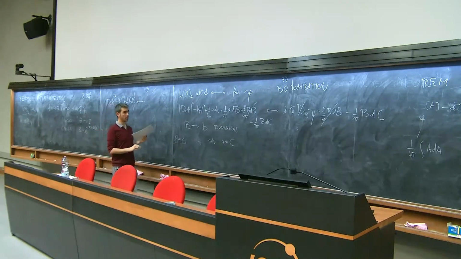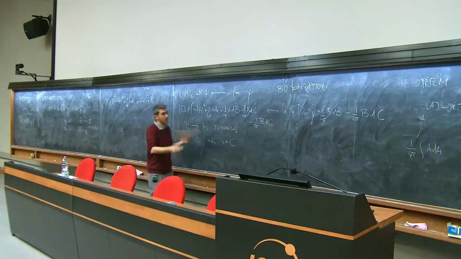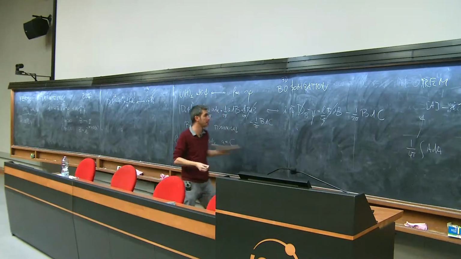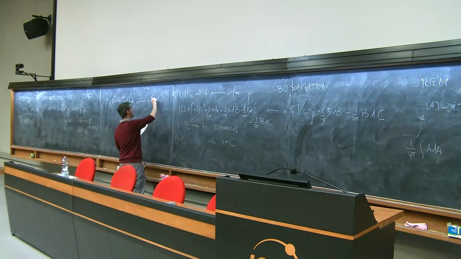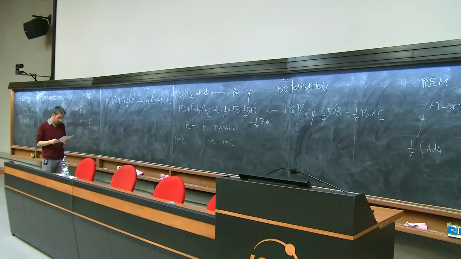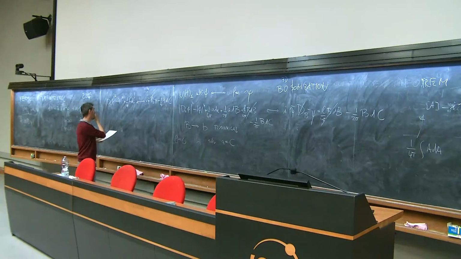And on the other side, we find i psi bar D psi. B becomes dynamical and remains dynamical. And so what is this? It's a new duality. So let's read off what this is.